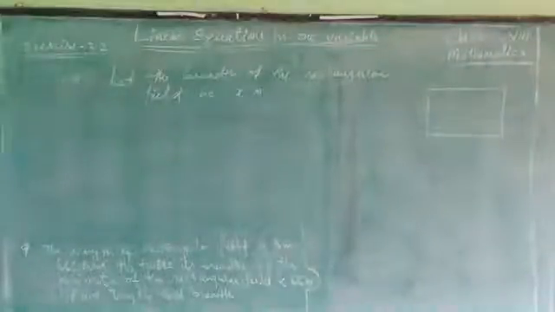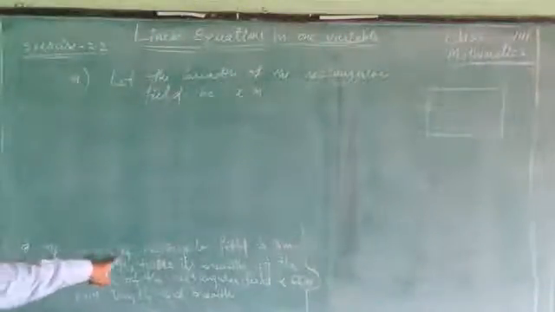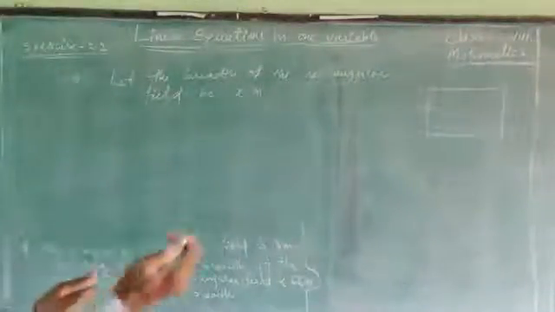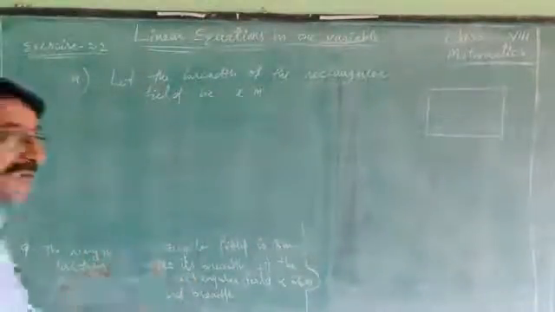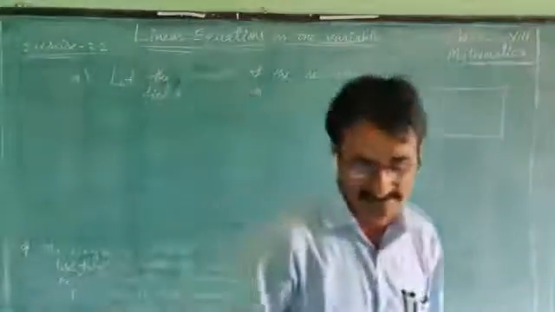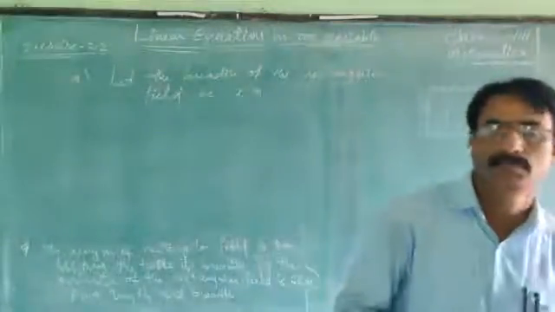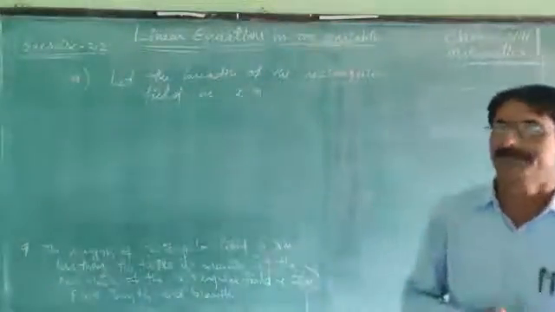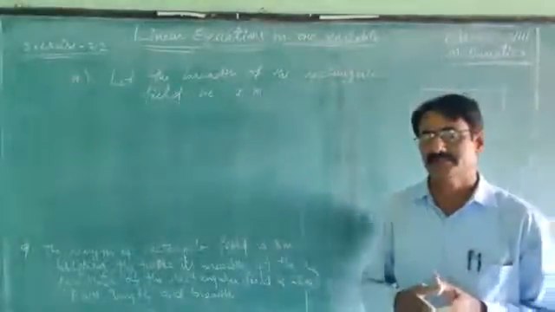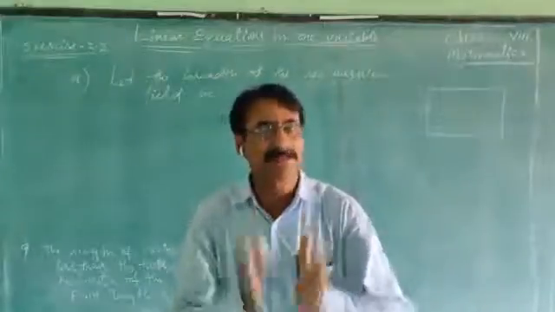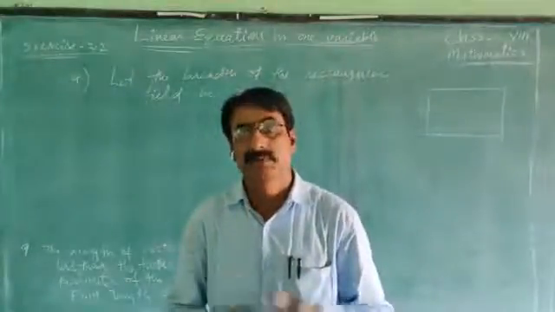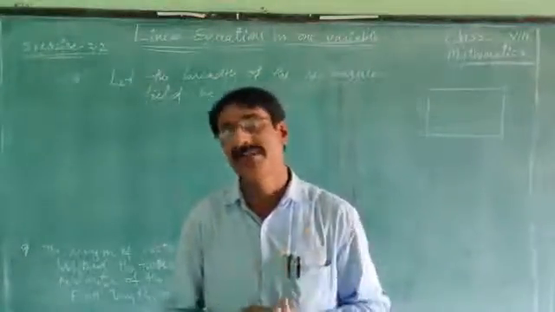Next, see the length. The length of the rectangular field is 8 meters less than twice its breadth. This is very, very important. How to find the length? 8 less means we must subtract 8 from twice the breadth.